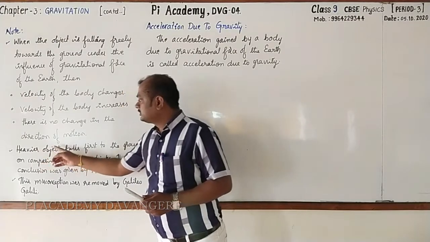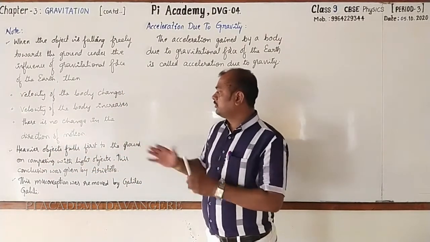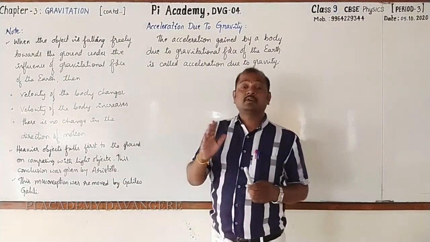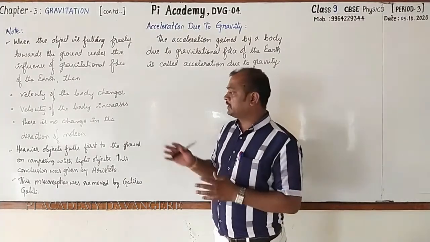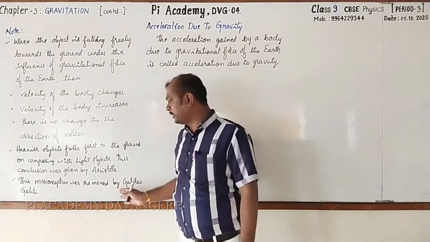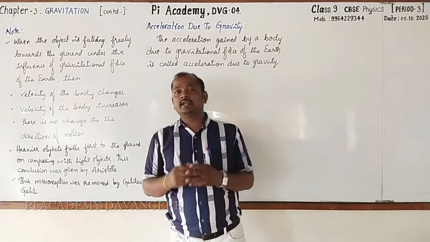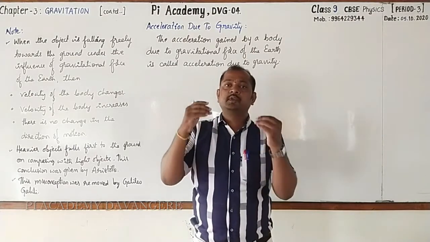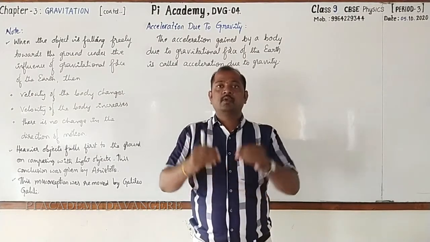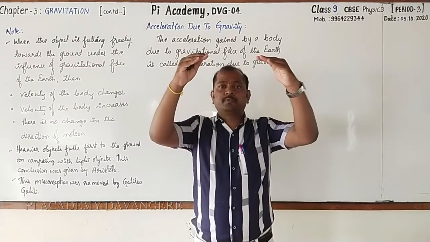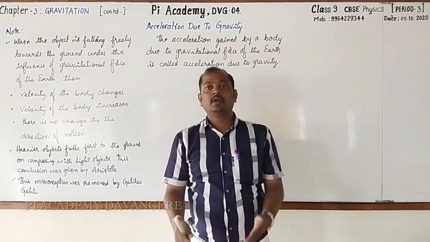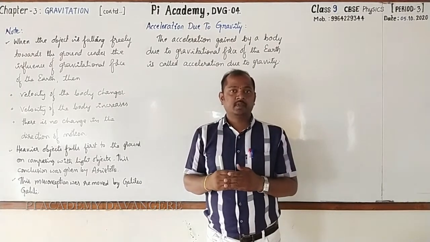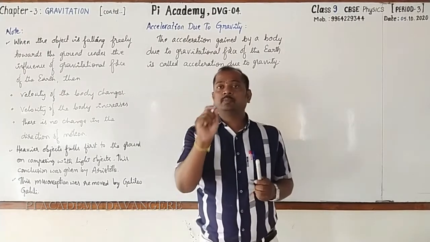Next, the second point is: heavier objects fall first to the ground in comparison with lighter objects. This conclusion was given by Aristotle, but this misconception was removed by Galileo Galilei, and he tells that whatever the type of object may be, irrespective of shape, size and nature, when they are dropped from the same height, they reach the ground simultaneously, but there should not be air.